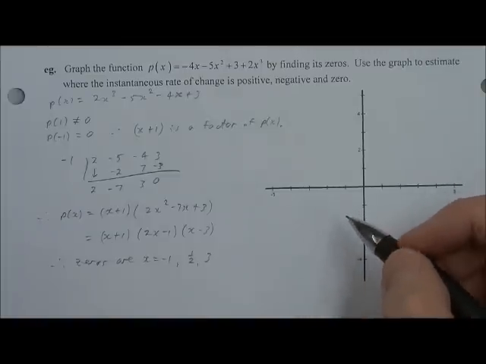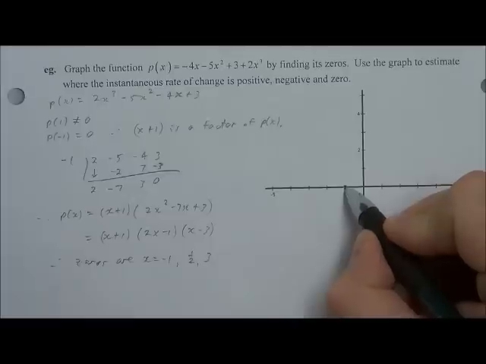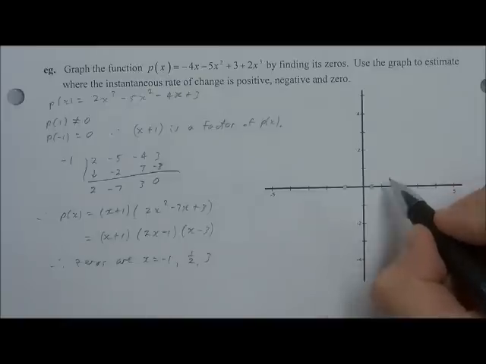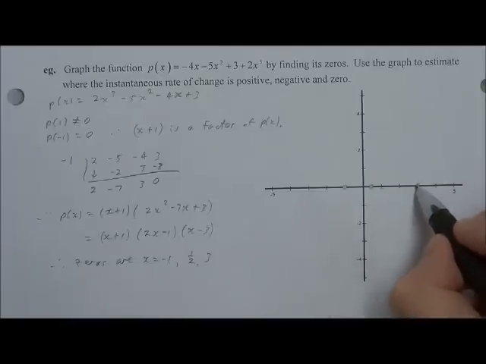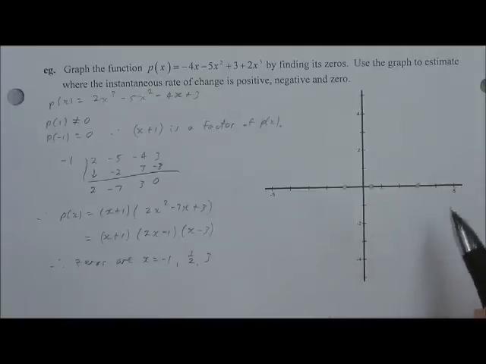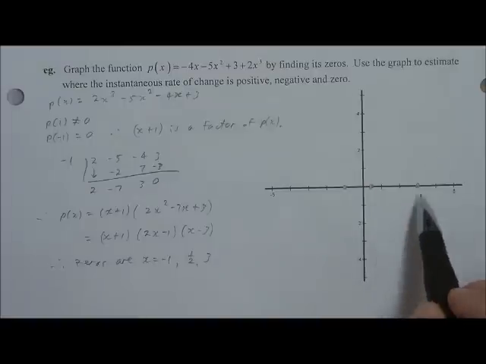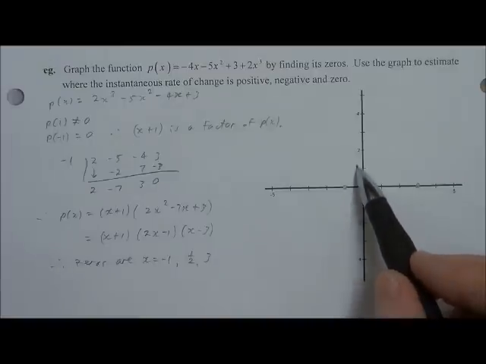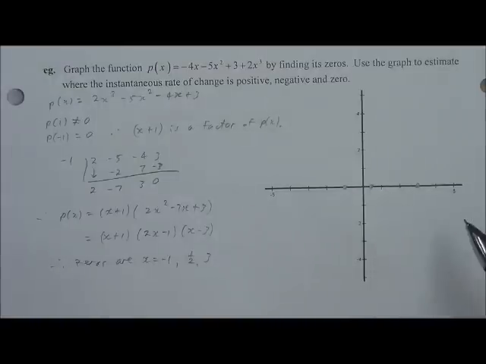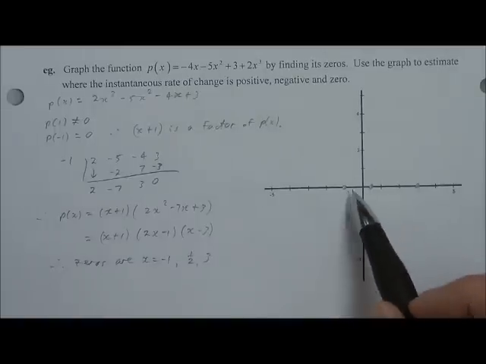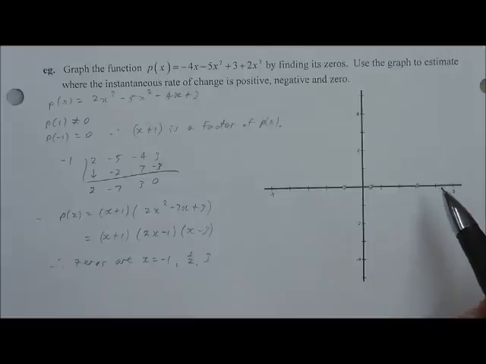Okay, so we've got zeros at negative 1 and a half and 3. Now, the general guideline is, if we're trying to find, not really necessarily how high, but where the turning points are between the two zeros, it's roughly an average between the two zeros.